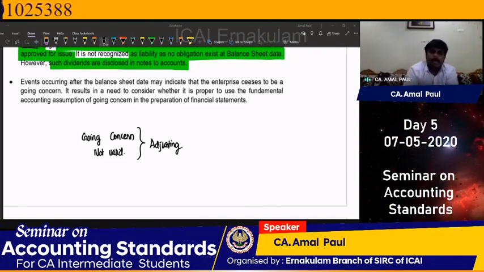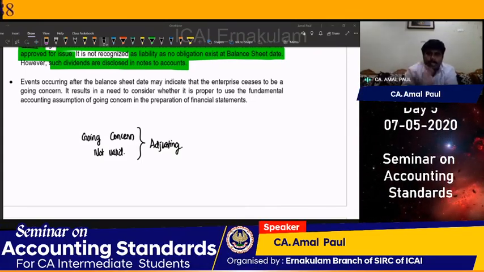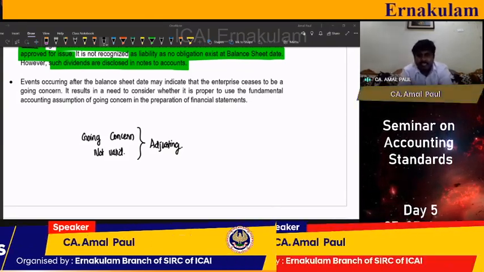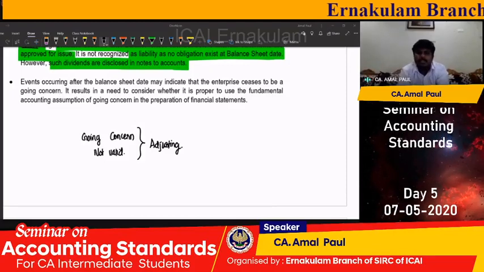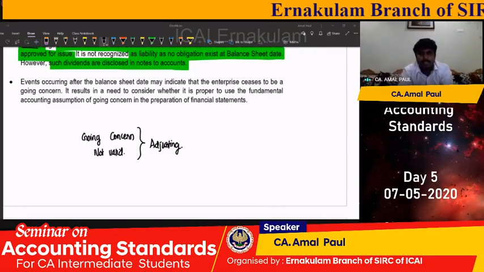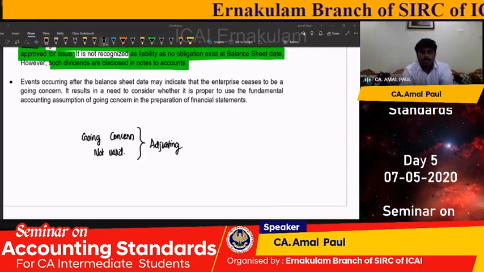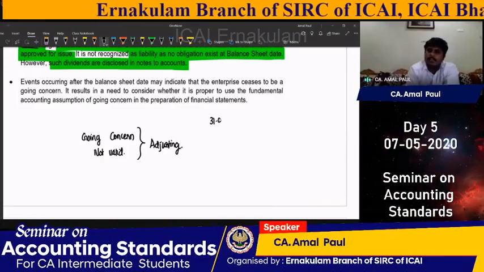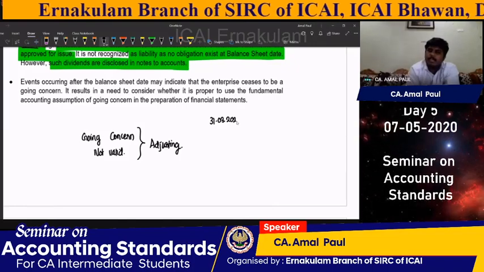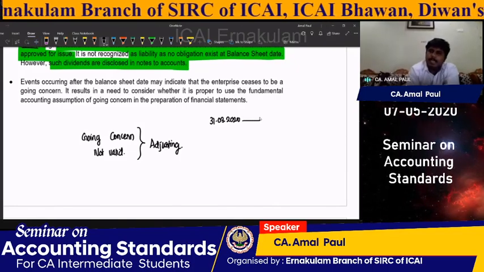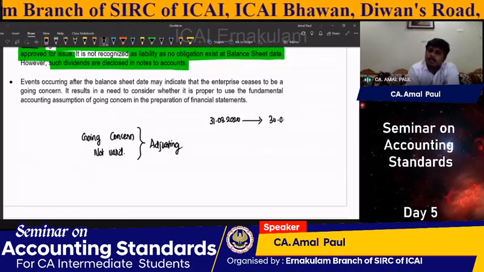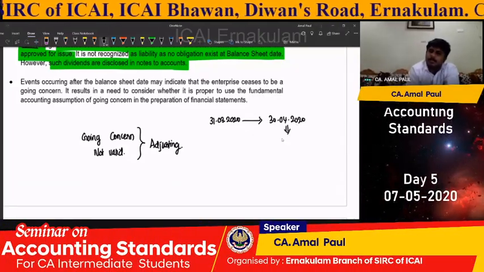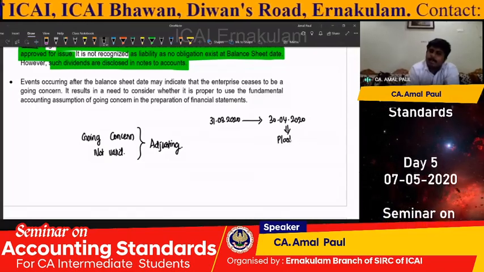Say a plastic ban was introduced by our government on 30/4/2020. We'll assume this: there is a plastic manufacturing company whose financial statements for 31/3/2020 are being prepared. On 30/4/2020, the plastic ban comes.